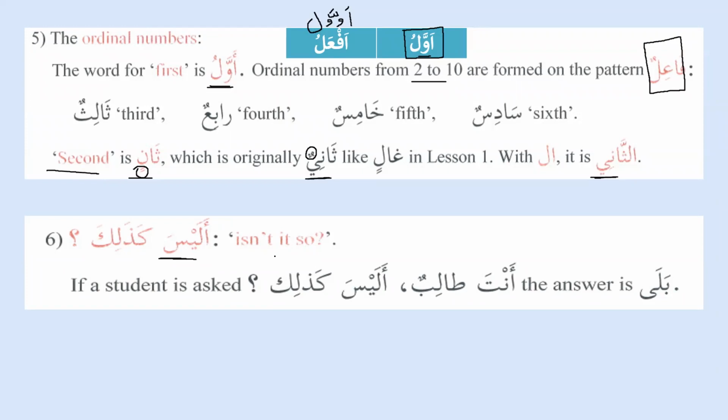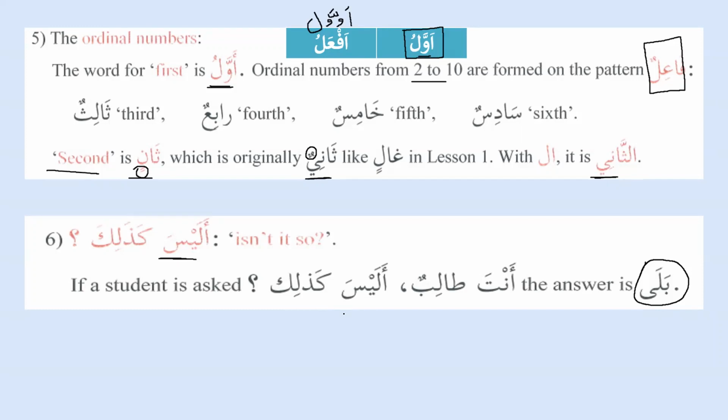If a student is asked, alaysa kadhalik, anta talibun, then the answer will be bala. That's very, very important. Because the question is negative, it's not possible to answer as na'am, because it will give the wrong meaning.